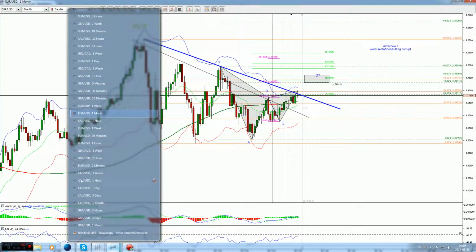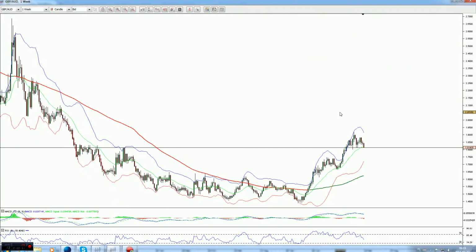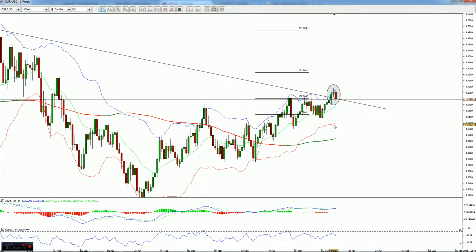The weekly candle. Okay, that's the weekly chart, and on the weekly chart, I have placed the same resistance line as on the monthly chart, and you can see that the market looks like it's making a reversal signal at this area.